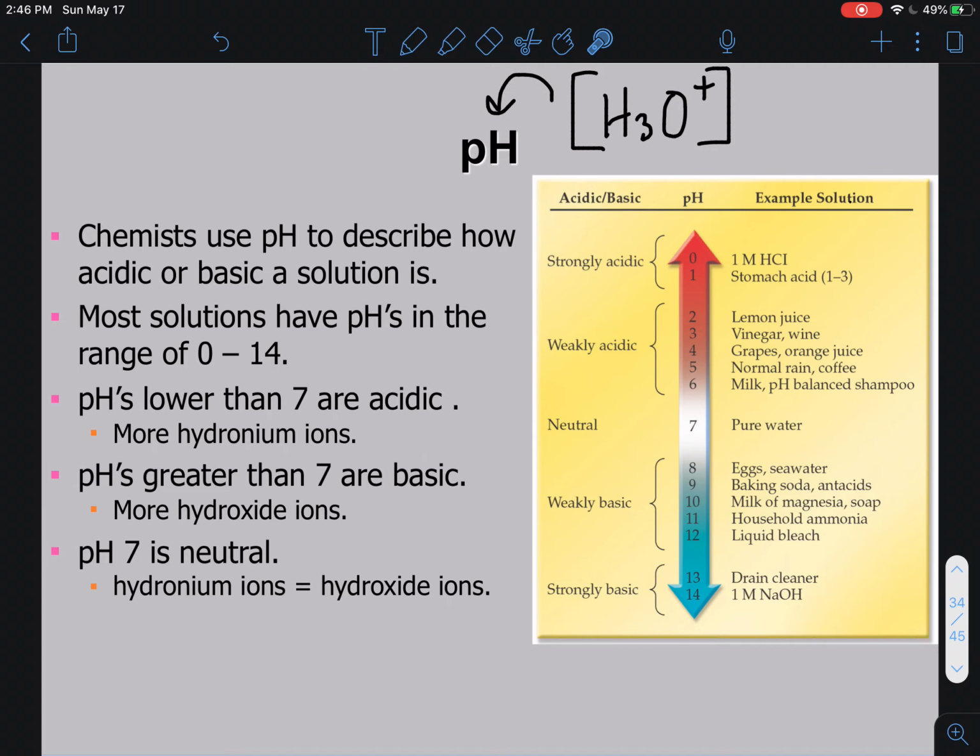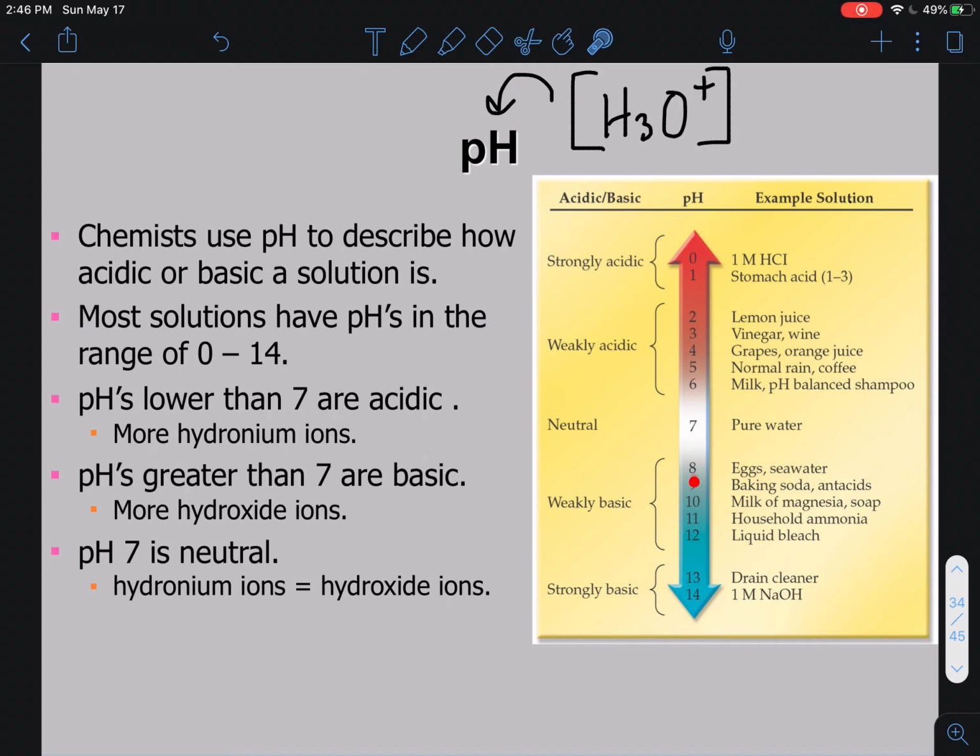Strongly acidic, HCl. Apparently your stomach acid has a pH of 1 to 3, somewhere around there. And then we're still pretty acidic, right? 2, 3, 4, 5: lemon juice, vinegar, wine, grapes, orange juice, rain. Milk starts to get a little bit more neutral. Finally, we have pure water at a pH of 7.